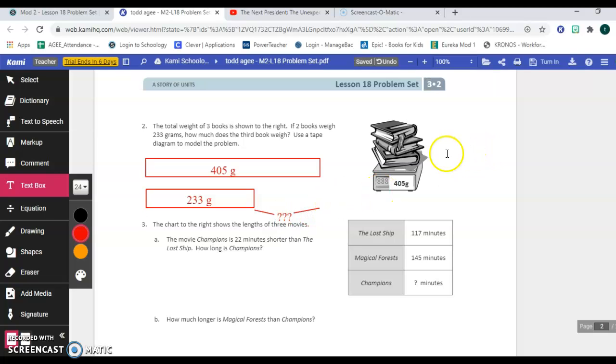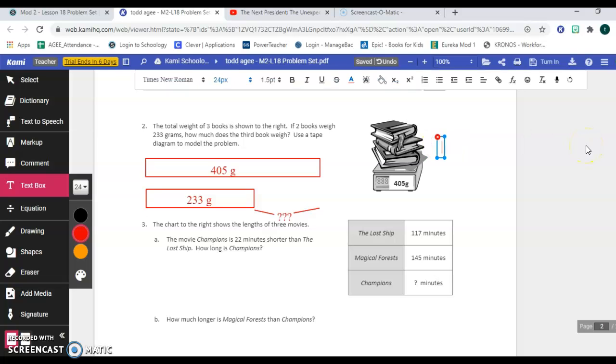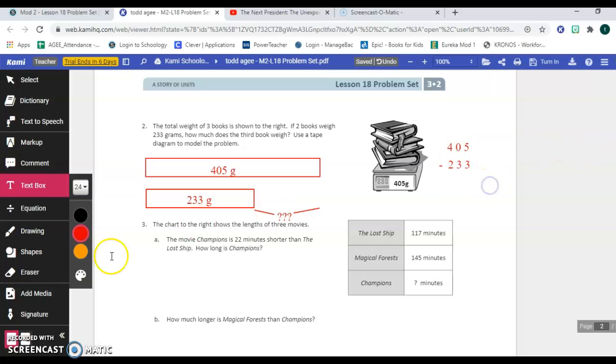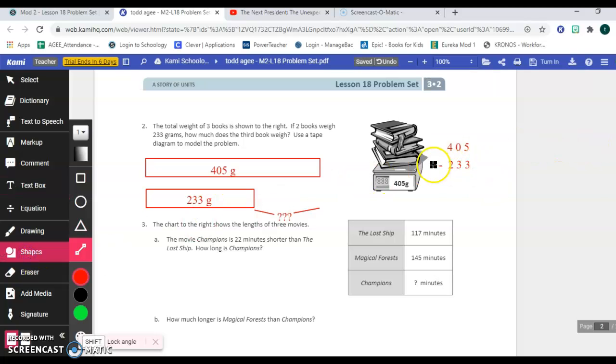Now, if I were to set it up in a problem in the standard algorithm, I would go 405, 4 space 0 space 5, and then a minus down below, and I would be subtracting 233 from that. Now, when you set these problems up, you want to make sure that you give yourself space on top of the problem to do the borrowing work that you know you're going to be practicing.